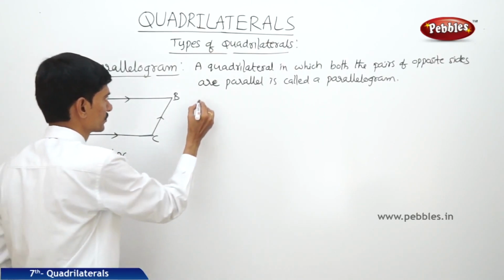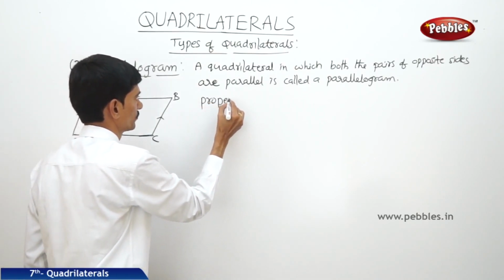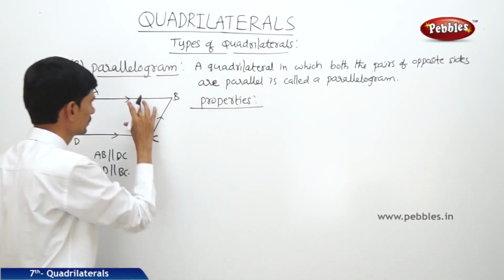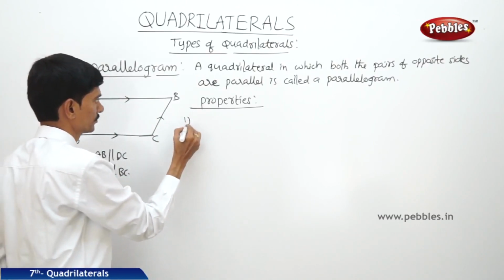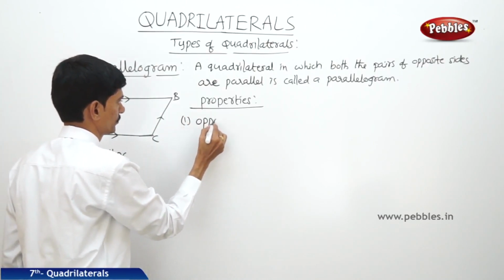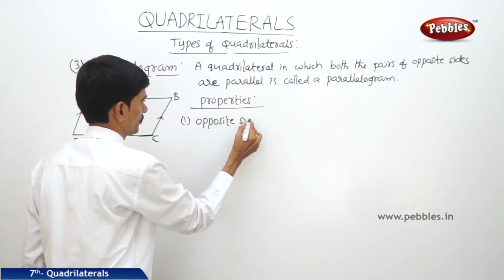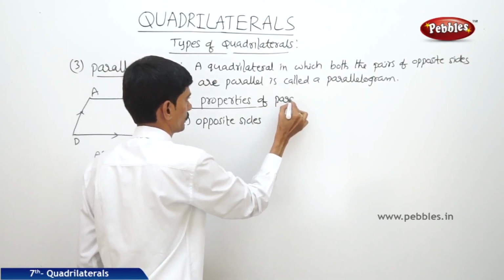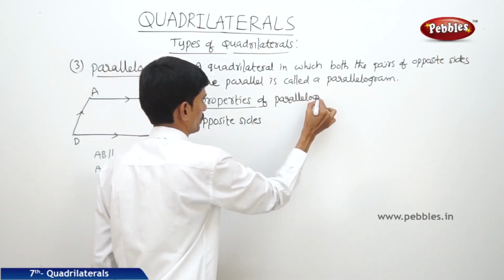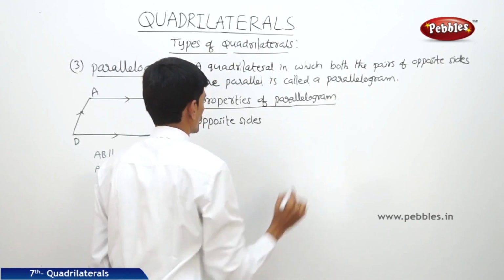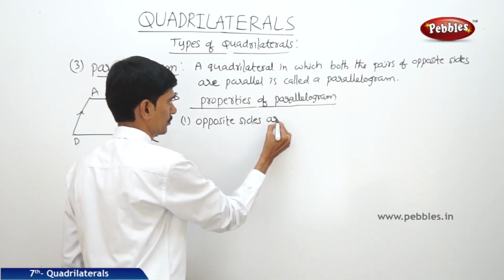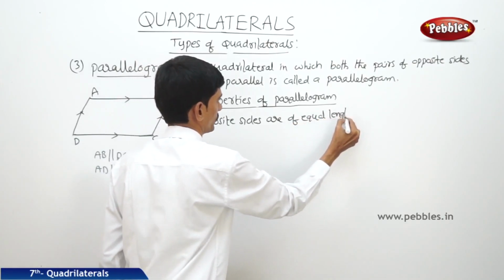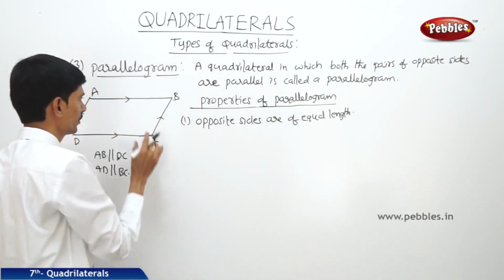Now the properties of parallelogram. Opposite sides are of equal length. So the opposite sides of the parallelogram are of equal length.